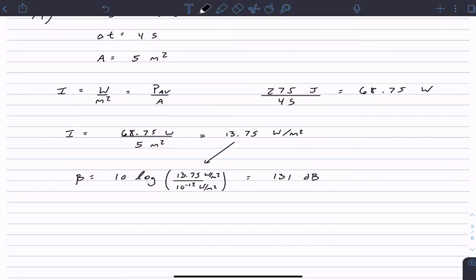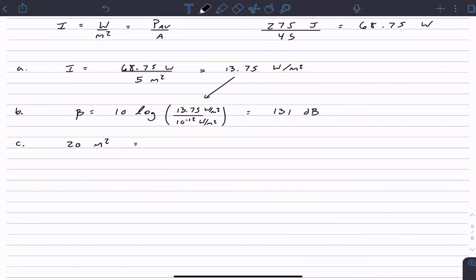Okay, and then we have to do the same thing for 20 square meters. This is the area that we're affecting now. So we just plug the stuff in. We have 68.75 watts over 20 square meters.